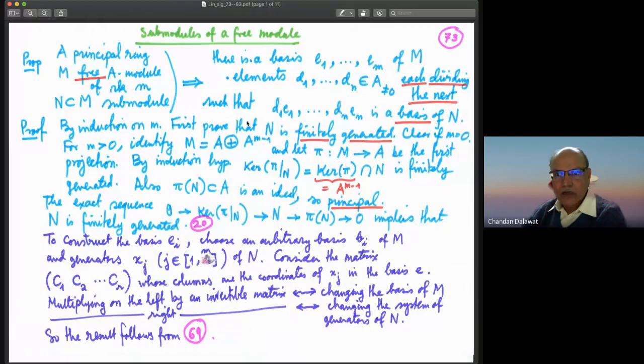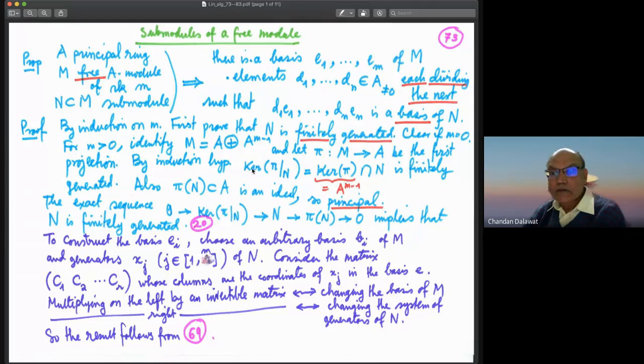And we now assume it to hold for free modules of rank M-1. And we are trying to prove it for a free module M, which is A direct sum A to the M-1. Any free module of rank M will look like this. And we take pi to be the first projection. It just takes a vector to its first coordinate.